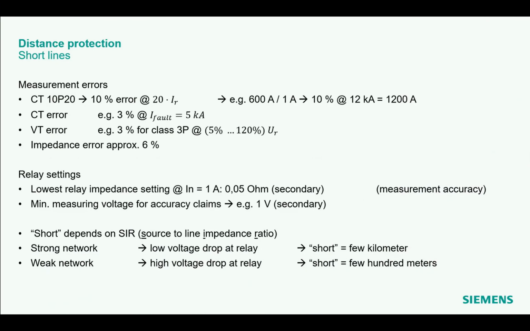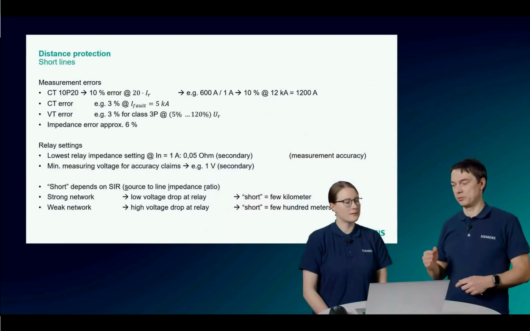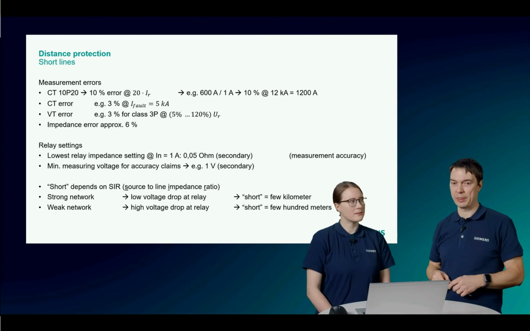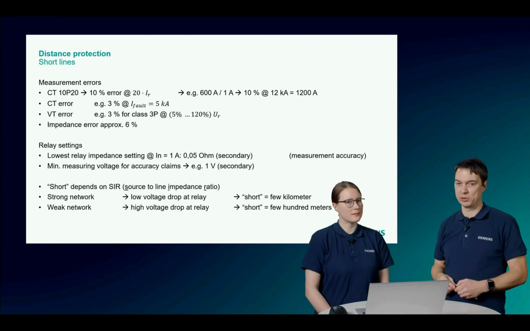Typically, you have about 3% for the CT, and the error for the VT is also about 3%. So this may give you an impedance error in the range of about 6%. So this has to be taken into account, that you cannot protect very accurately at the gap between zone 1 and zone 2, which needs to be considered for the distance protection.